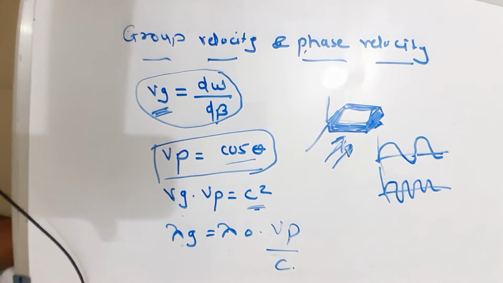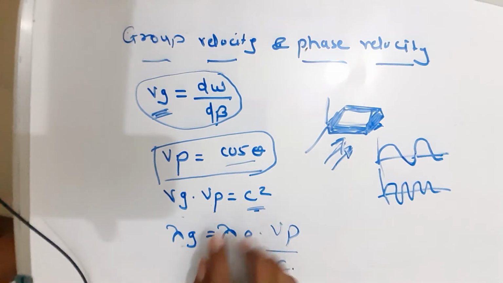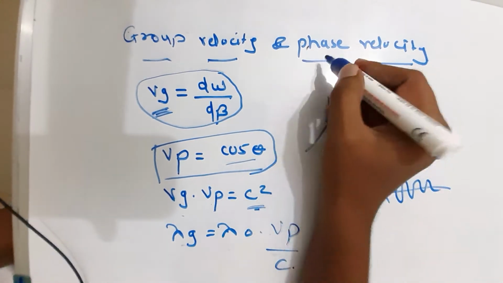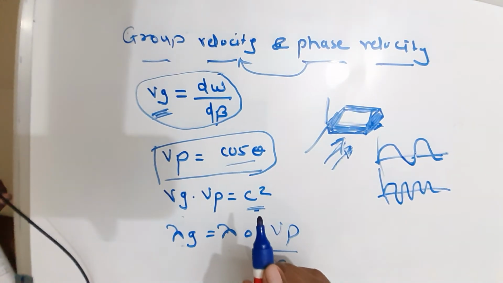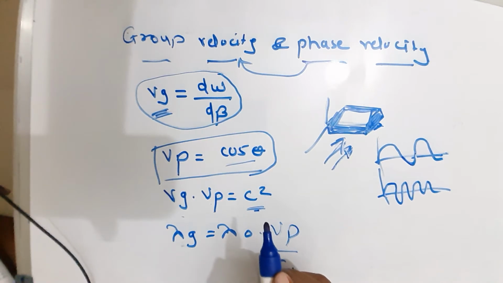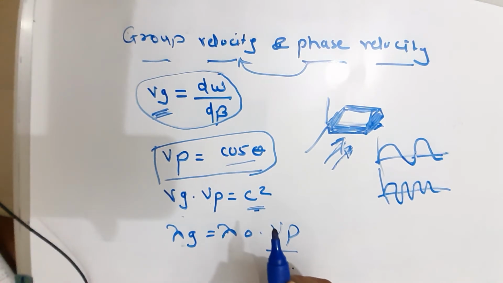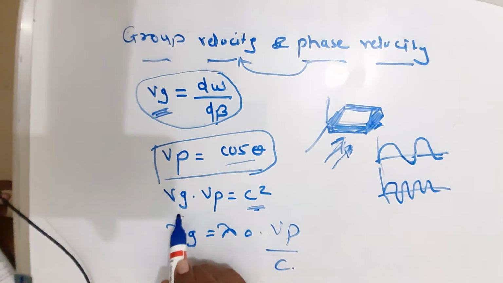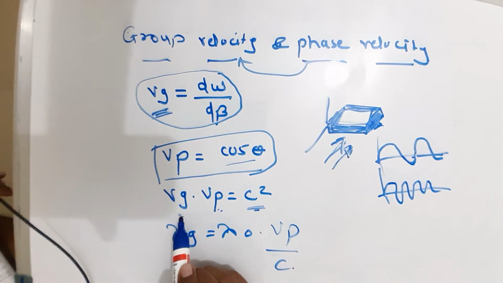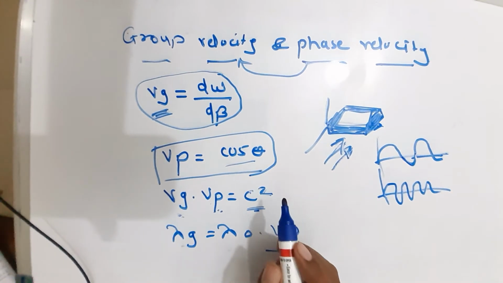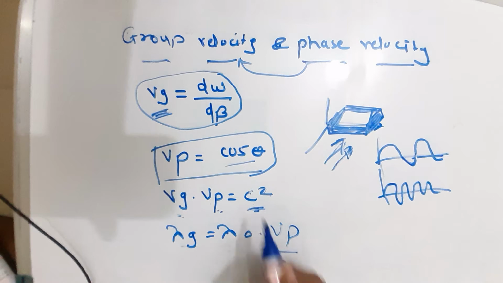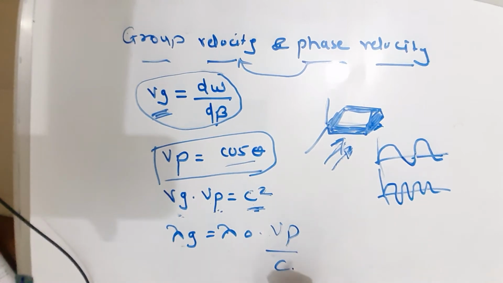The phase velocity is always equal to or greater than the group velocity, and their product is equal to the square of the free space propagation velocity.